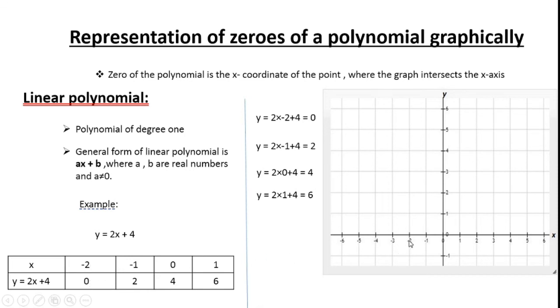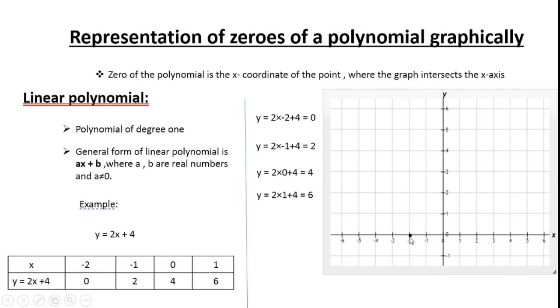In the graph, we need to take the first x point, then y. See here, this is the x-axis, this is the minus 2 point. And 0, this is the y-axis, 0 is here. So this is the first point, minus 2, 0. I marked it here.